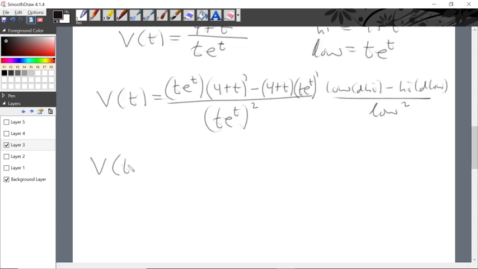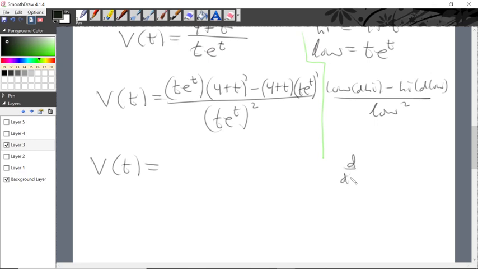Okay, so let's compute some derivatives here. All right, we have 4 plus t prime. Okay, 4 plus t prime, but we're taking the derivative with respect to the variable t.